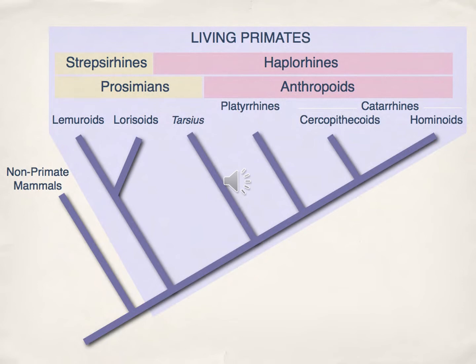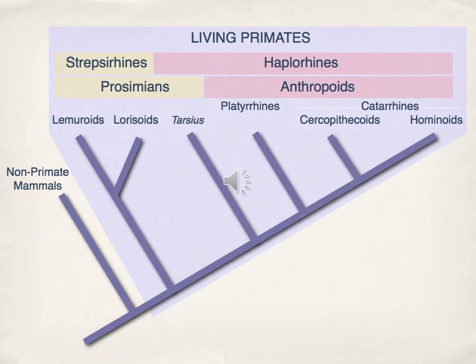We have them at the base of the tree, not only because they look like the most primitive primates, most closely related to non-primate mammals, right? Because they have a tapetum lucidum. Remember that they also have a larger snout, and as strepsirrhines they inherited the split upper lip and wet nose that we see in other non-primate mammals.